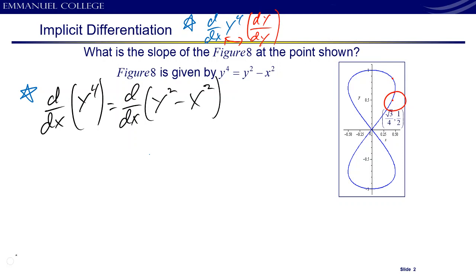And when I swap these two around, now I just have the derivative with respect to y of y to the fourth times dy dx.